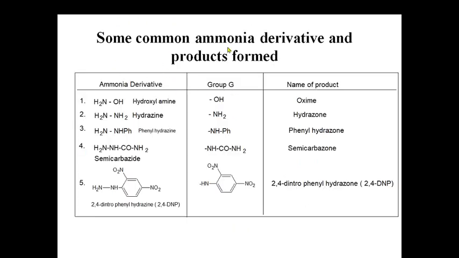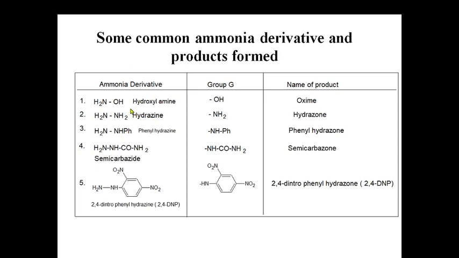Let's see some common ammonia derivatives and the products formed. If you have hydroxylamine, what is group G? NH2 is common everywhere, so only that G group we are going to change here. It's a hydroxyl now. So when the hydroxyl group is there, the name will be hydroxylamine, and the product formed is an oxime.